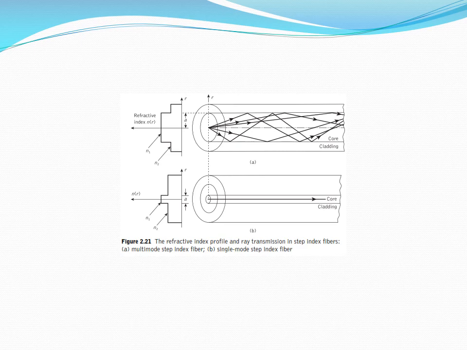If it is a single mode fiber, the core diameter is smaller compared to the core diameter of the multi-mode fiber. In a single mode fiber, only one optical ray is propagated. Here in the multi-mode fiber, you can see that multiple optical rays are propagating. This is how the multi-mode and single mode fiber concepts differ.